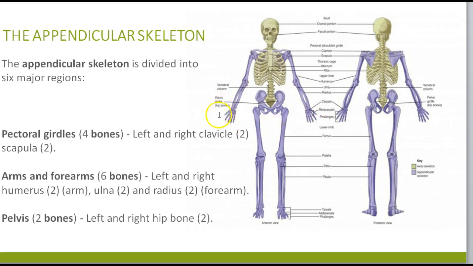Our pelvic girdle, hip bones, and then we've got our patella, our tibia, which is our big toe side, and our fibula, which is our little toe side. Then we have our tarsals, metatarsals, and phalanges. And just for the colour key here, the axial skeleton is in the yellowy colour, and the appendicular skeleton is in the nice purple colour.